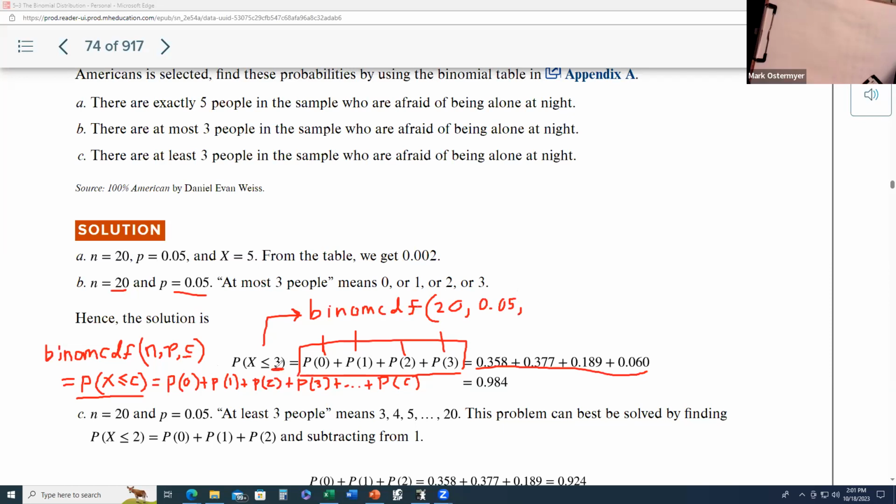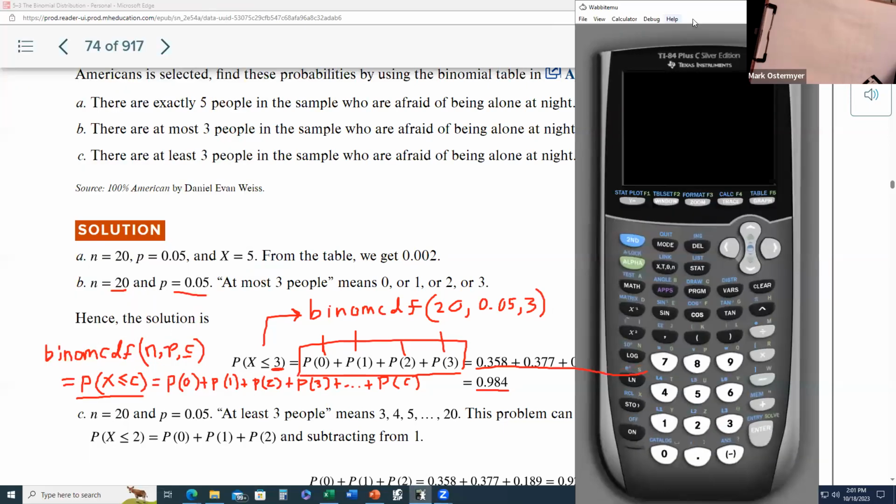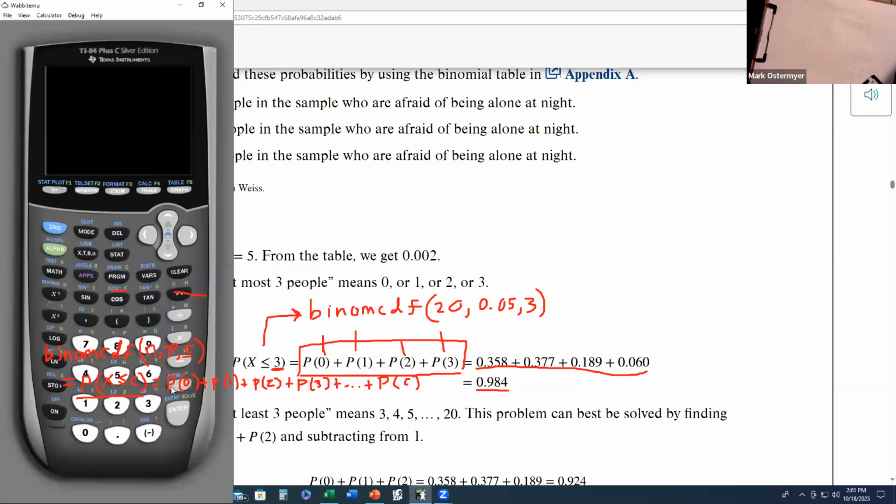I'm interested in at most 3 successes. Ladies and gentlemen, that's it. All you gotta do is bring this function up. Boom, it'll come up with your probability of 0.984. Let's go get that marvelous function and show ourselves how to use it on our calculator. So let's bring up the calculator. I'm going to now show you how to use the binomial CDF function.